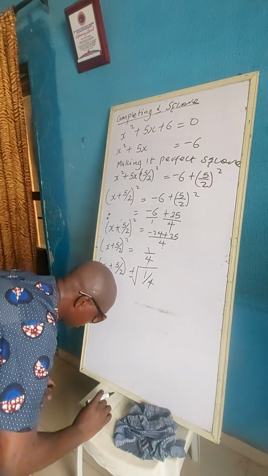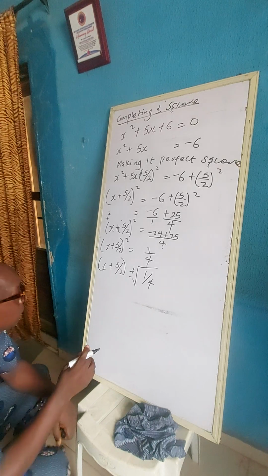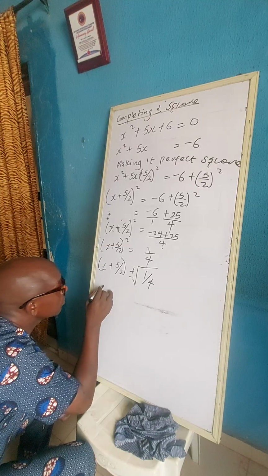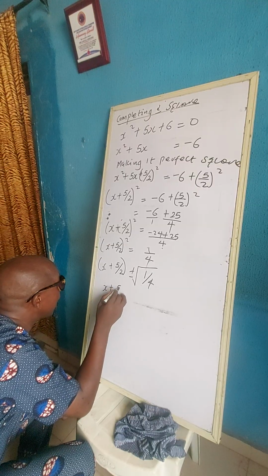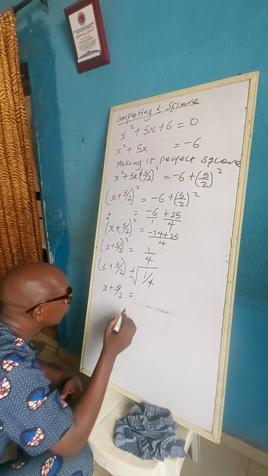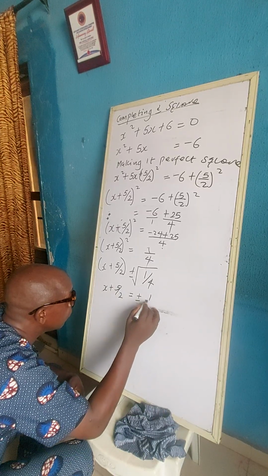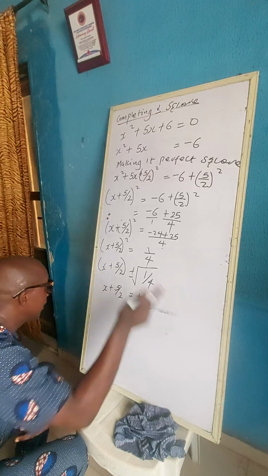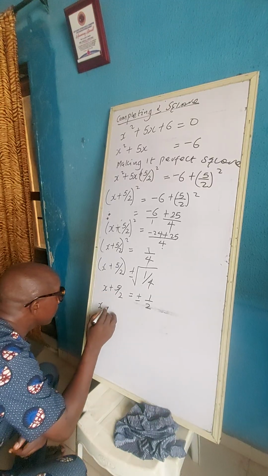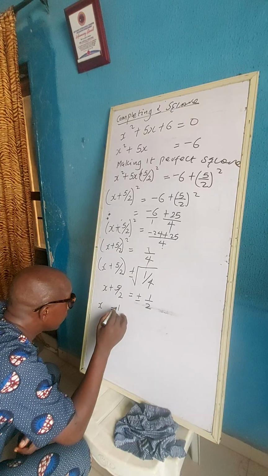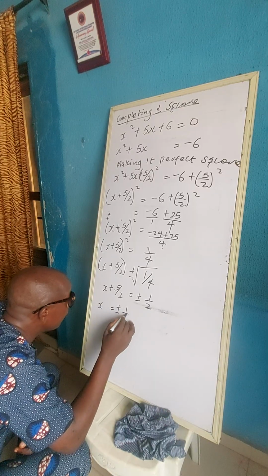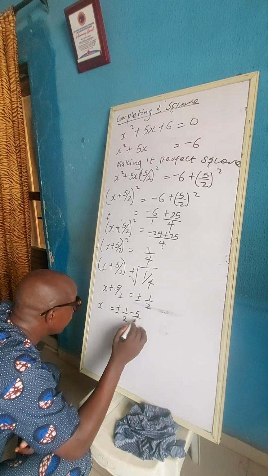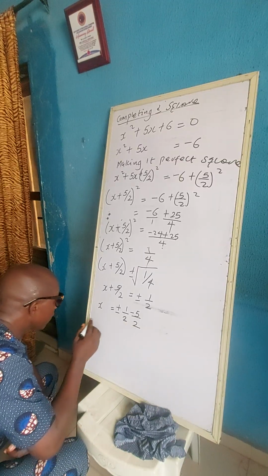Then it becomes x plus 5 over 2 equal to plus or minus 1 over 2. Square root of 1 is 1. Square root of 4 is 2. Then collecting like terms, it now becomes x equal to plus or minus 1 over 2 minus 5 over 2.